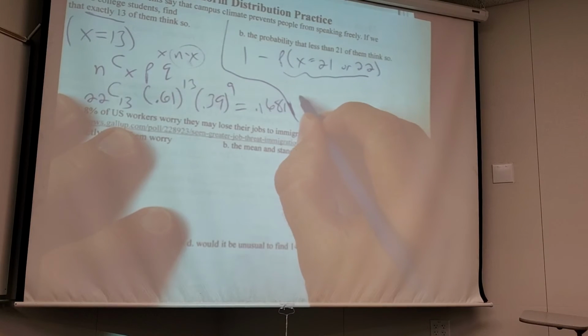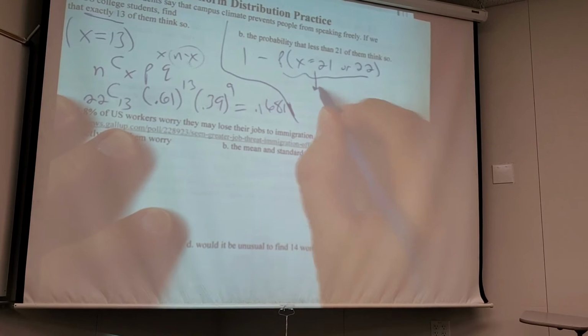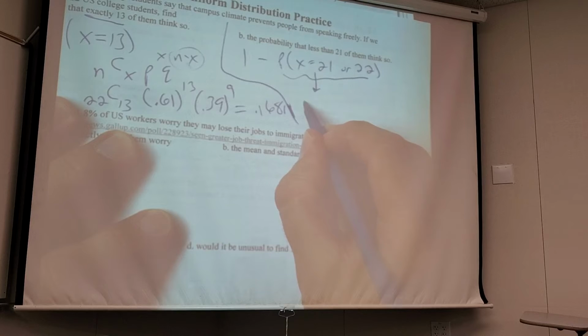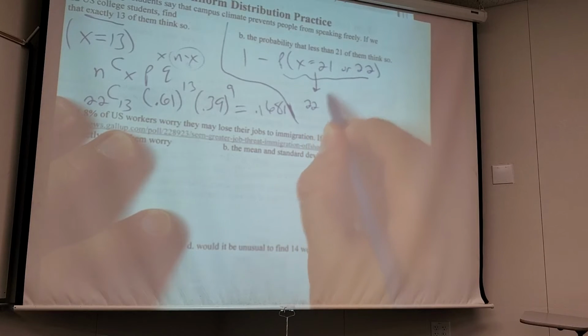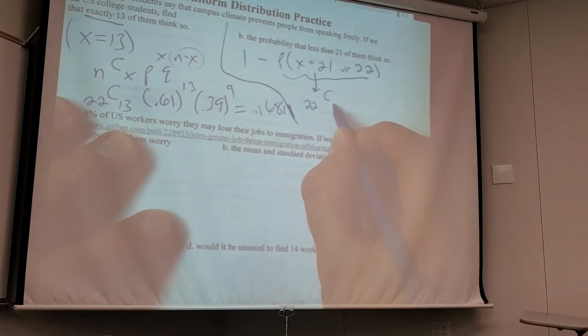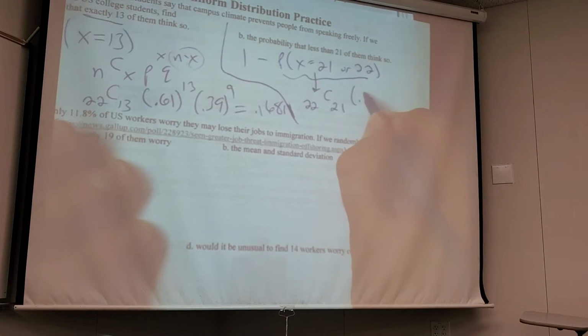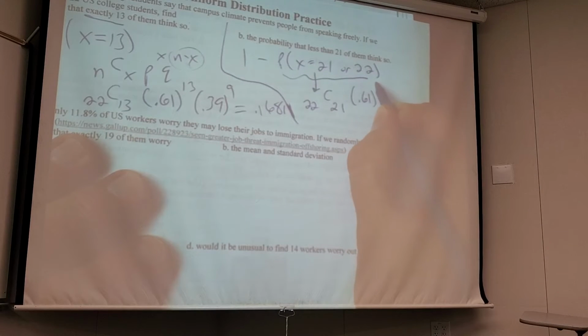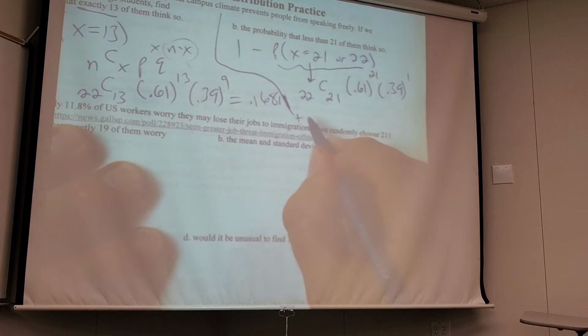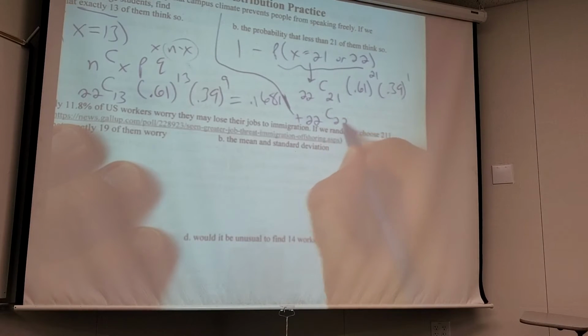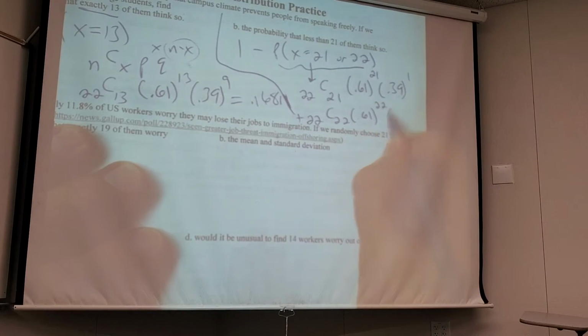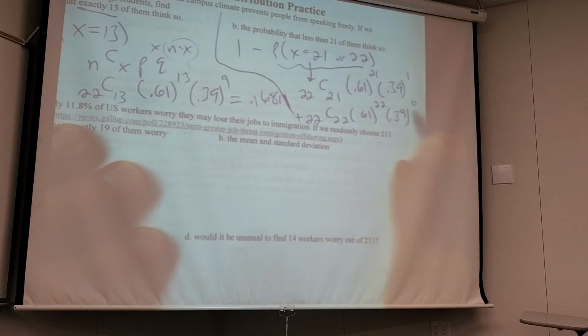So what would this look like? 22 people. 21. Oh, sorry, 21. So I got how many of these? 21. And I got how many of these? 1. Plus 22 choose 22. All successes, no failures, right?